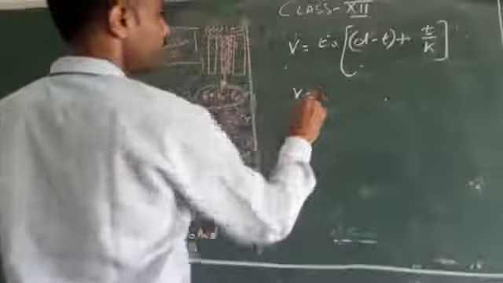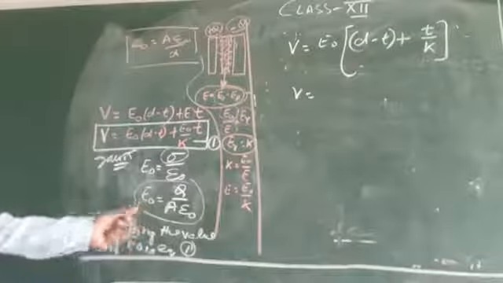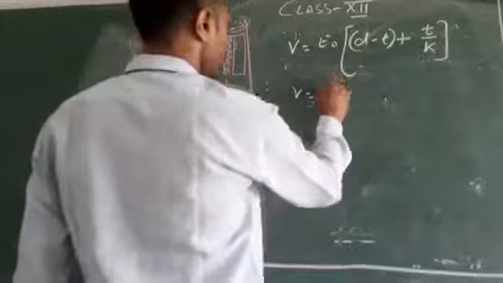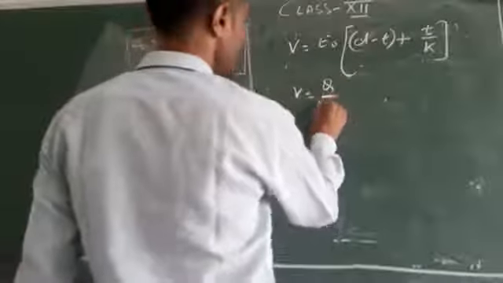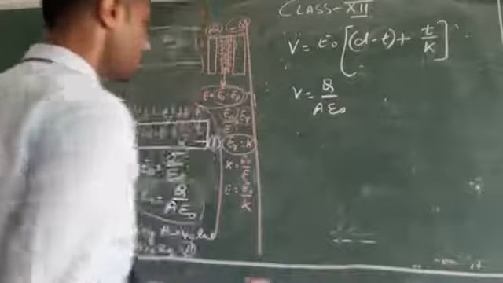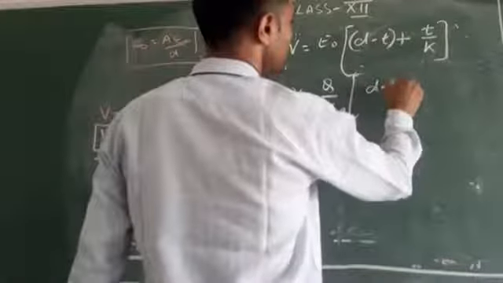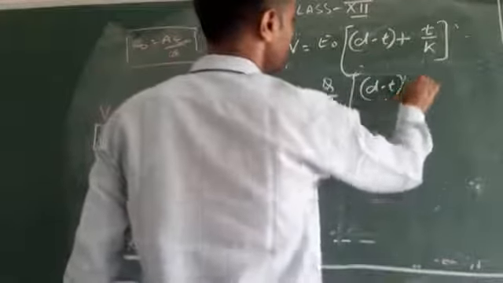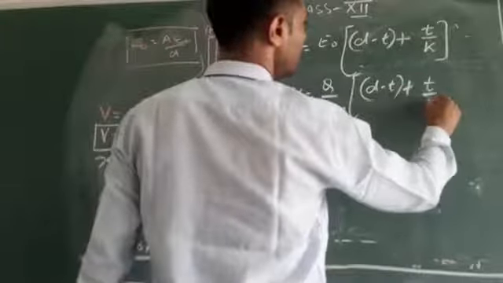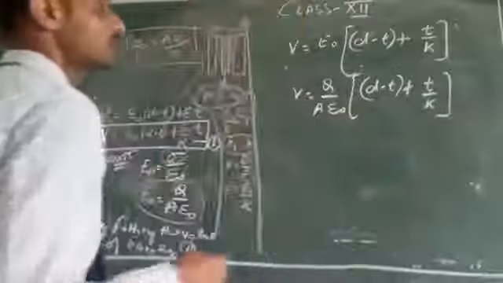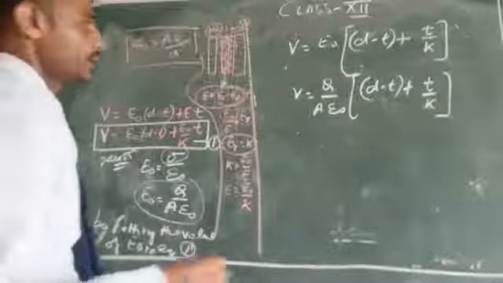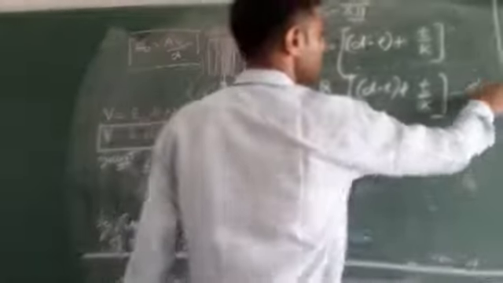By putting the value of E naught, this is Q upon A epsilon naught times (d minus t plus t upon K). Right, this is equation second.